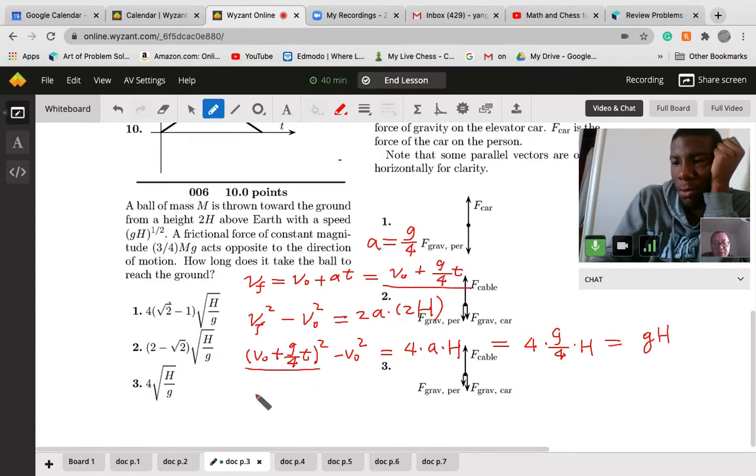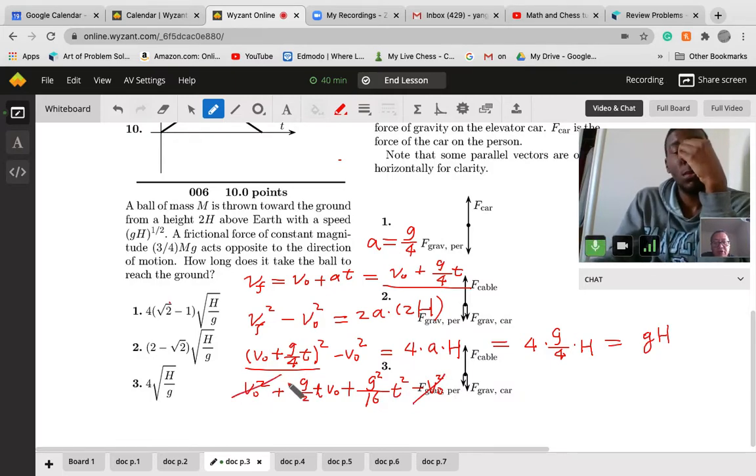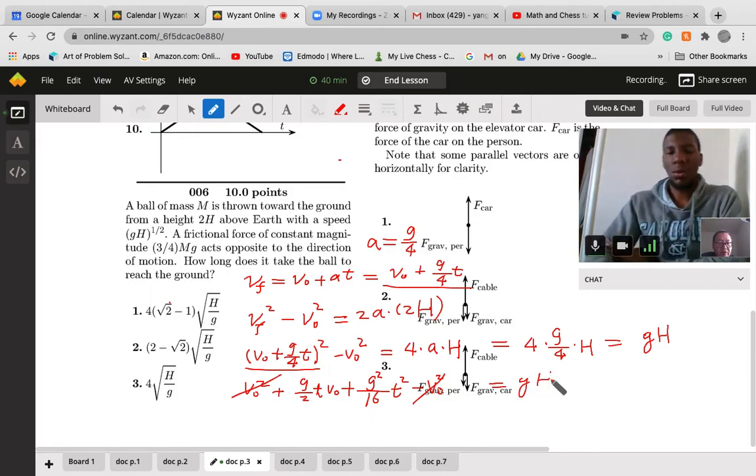If you expand this, you get V0 squared plus g over 2 times T times V0, then plus g squared over 16 T squared, then minus V0 squared. This V0 squared cancels out, then this equals gH, right?